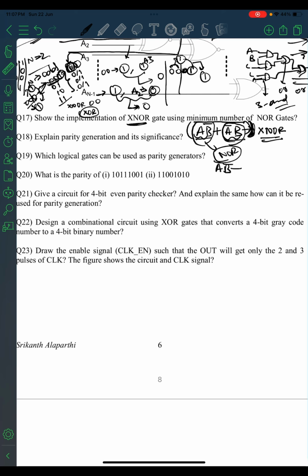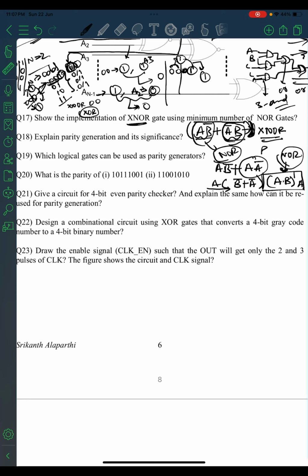So A B bar plus A bar B. Now what is coming over here? If you take A as common, A into B bar plus A bar. If you look at this carefully, it is A dot B whole bar, so into A. But here you are not able to make this as NOR.